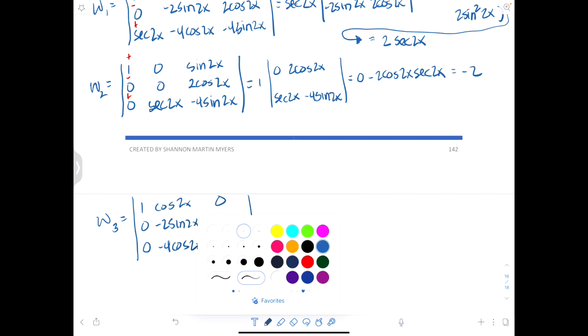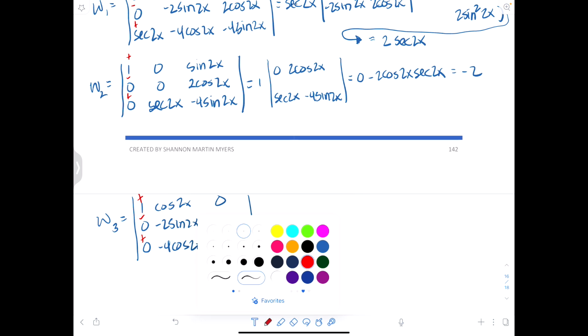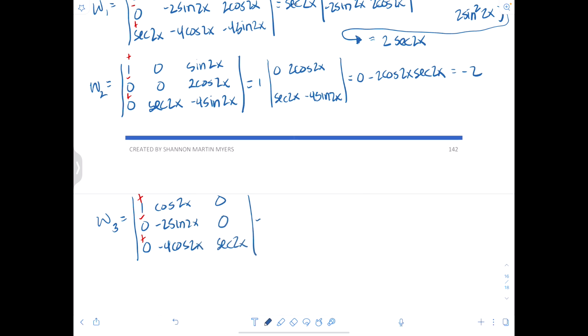And expanding about the first column again, we'll get 1 times the determinant, negative 2 sine 2x, 0 going across, negative 4 cosine 2x, and then secant 2x.